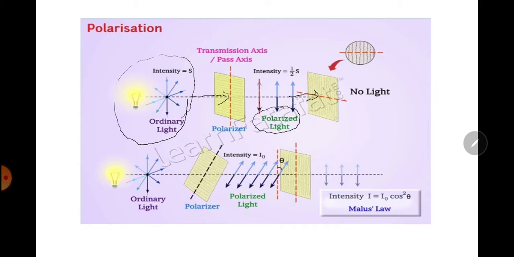So at the end there is no light. Here the polarizer is at a certain angle. It is polarized according to the position of the polarizer, and this is optically rotated. This is called optical rotation.